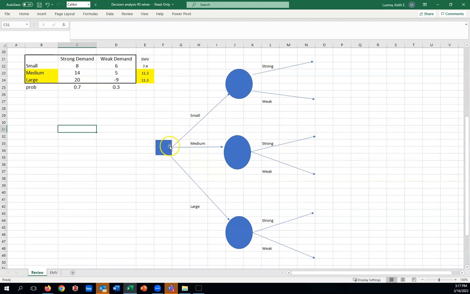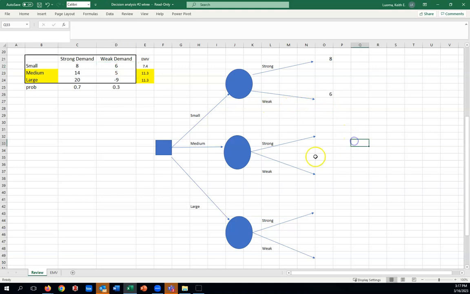So here, let me follow my cursor, small condominium but strong demand. That would be small and strong, so I would want to put an 8 there. On the other hand, small followed by weak demand would correspond to this 6 right here. So let's put that in.